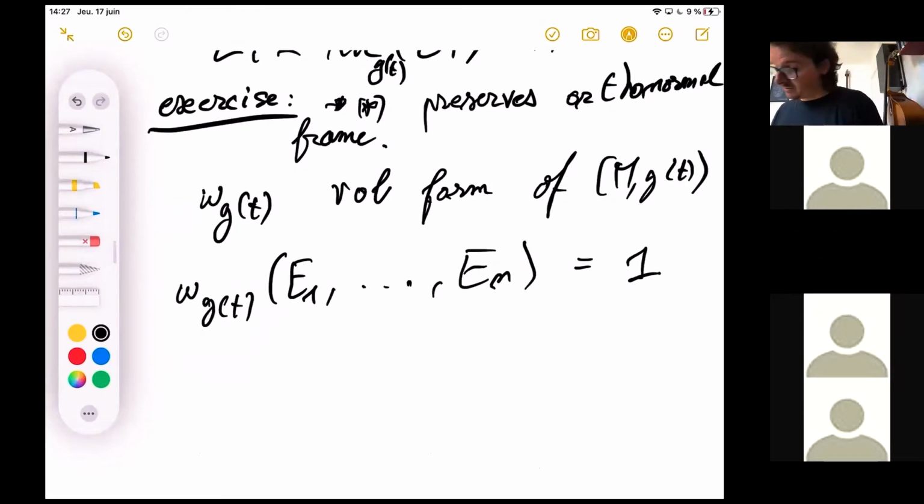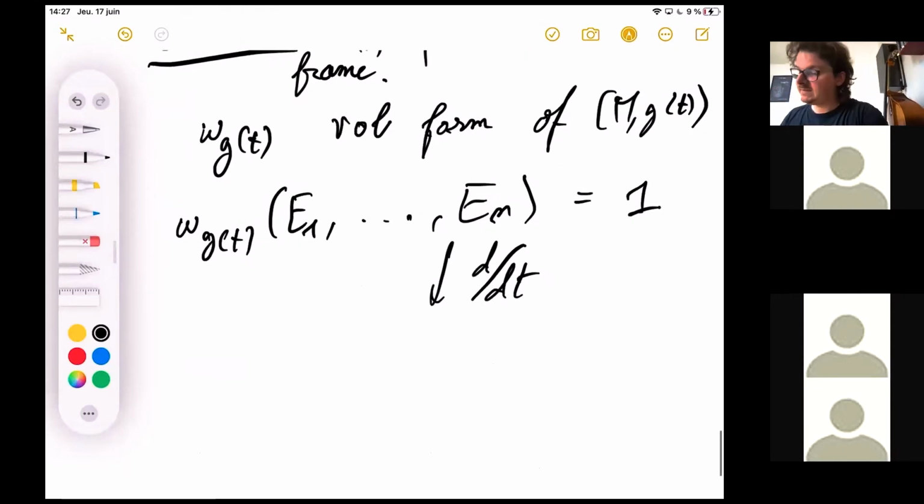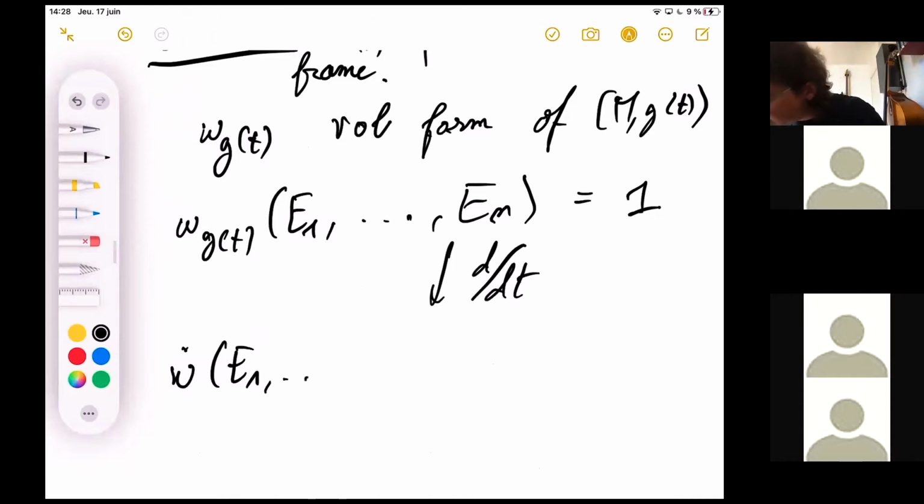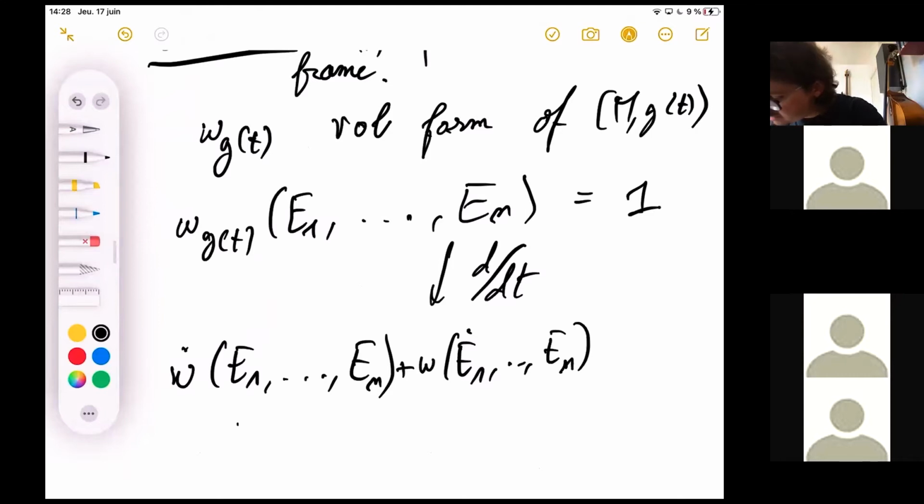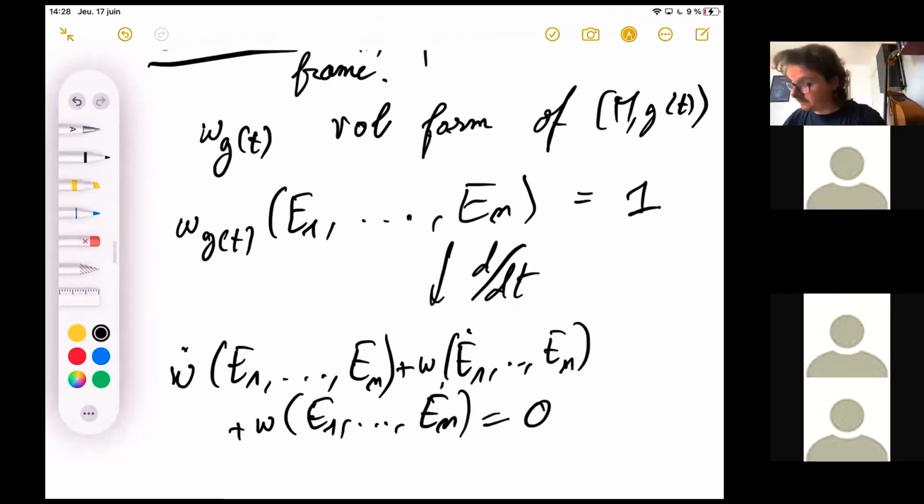And then what we can do, also, let's differentiate that. Then what's going on? So we have omega dot, let me drop the g(t), of e_1 up to e_n, plus omega of e_1 dot up to e_n, plus omega of e_1 up to e_n dot, is equal to 0.